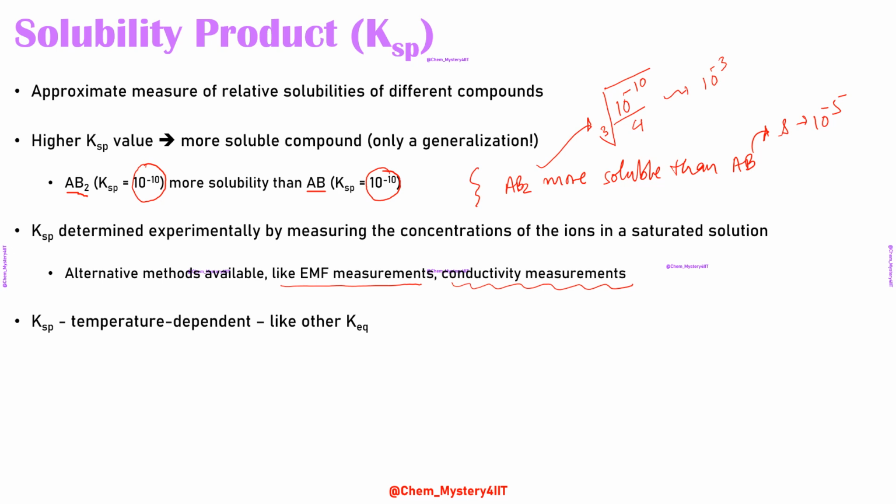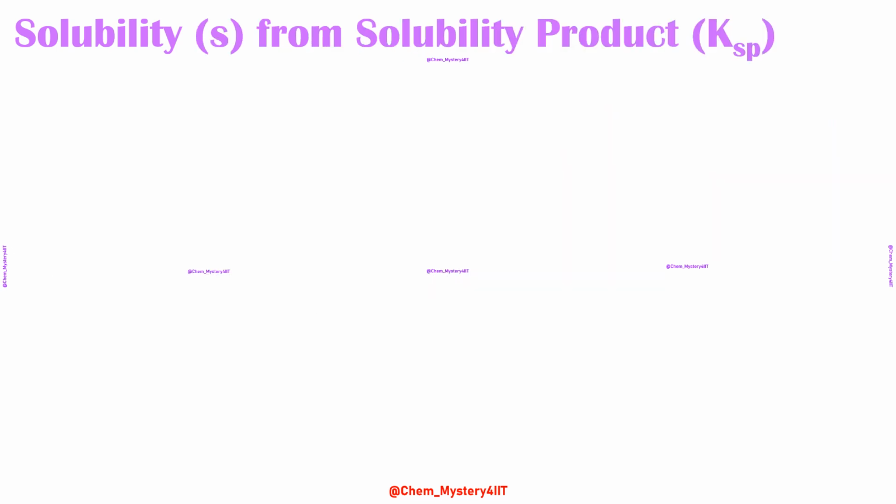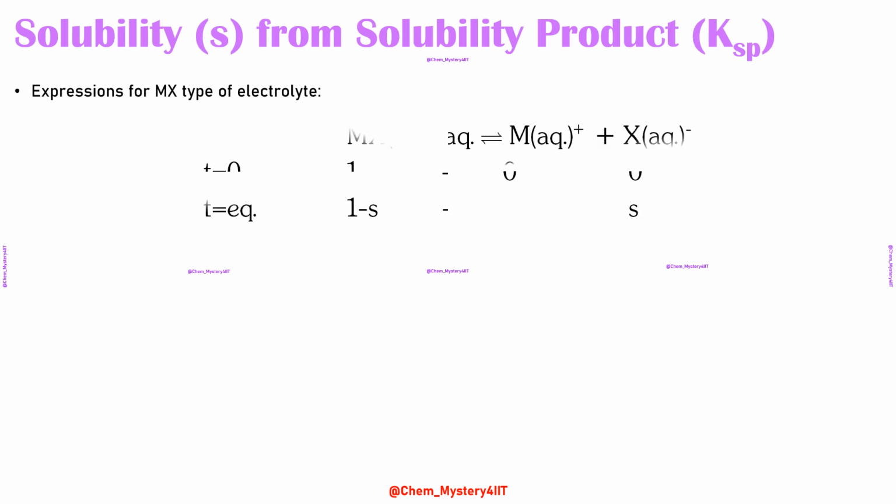Now, coming back to our original question, we have got here some solvent, which has some solute, which is looking like MX. And this MX can be represented in a way that in the very beginning, when T was equal to 0, this is the situation. M plus concentration is 0, X minus concentration is 0. And when equilibrium is being established, then the concentration of MX is going to be 1 minus.